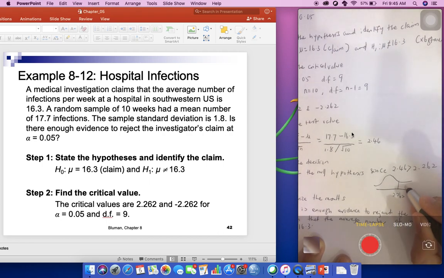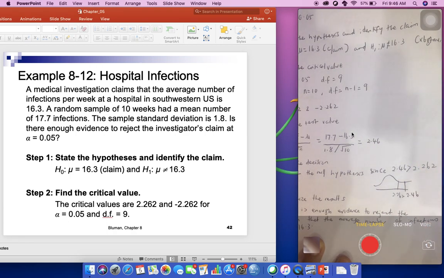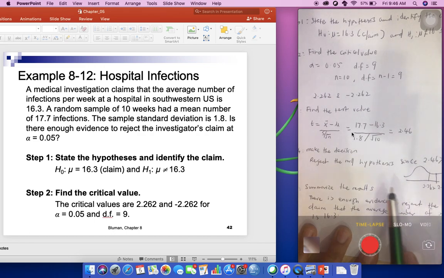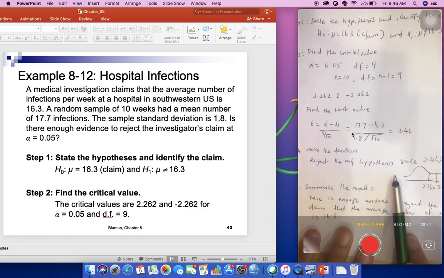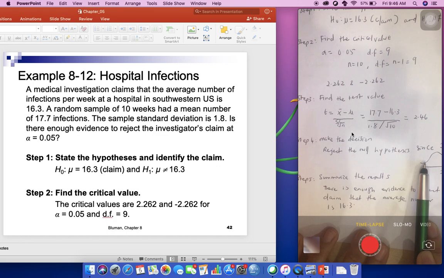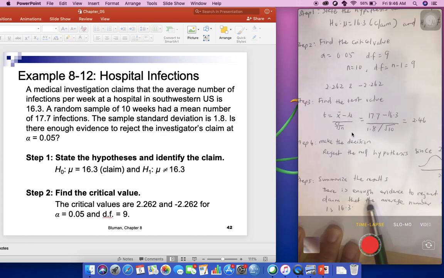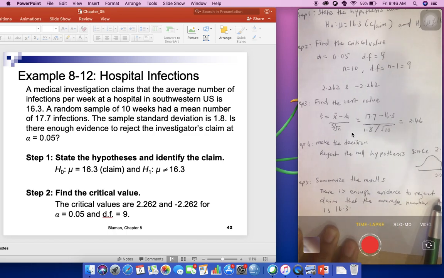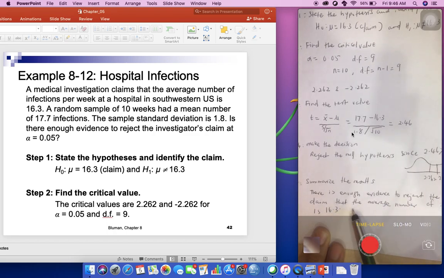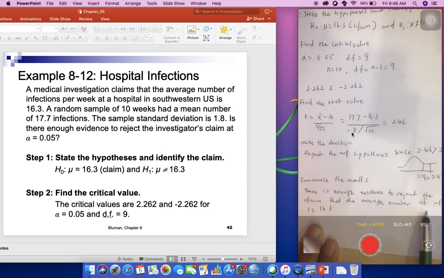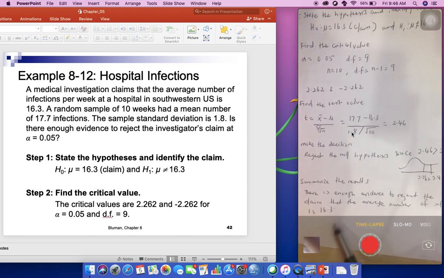The test value is here, 2.46. Since 2.46 is greater than 2.262, therefore we reject the null hypothesis. The last step is to summarize the result. There is enough evidence to reject the claim that the average number of infections is 16.3. Okay, that's all.